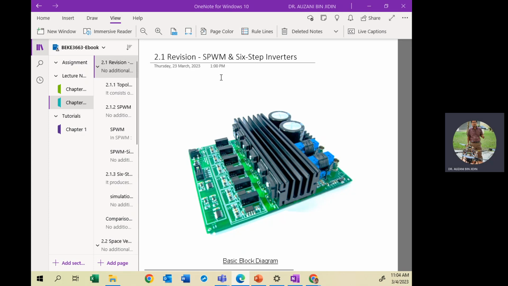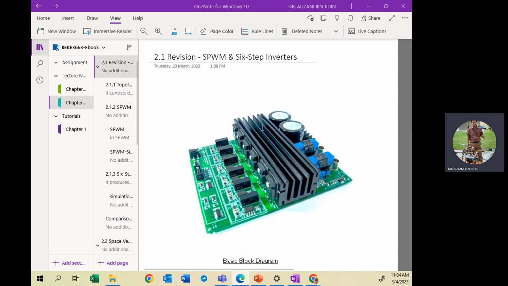Because we can highlight the disadvantages of using these two methods, then we can improve the performance of the output of the inverter by applying space vector modulation. SVM is an advanced technique, which is widely used in many AC drive applications.